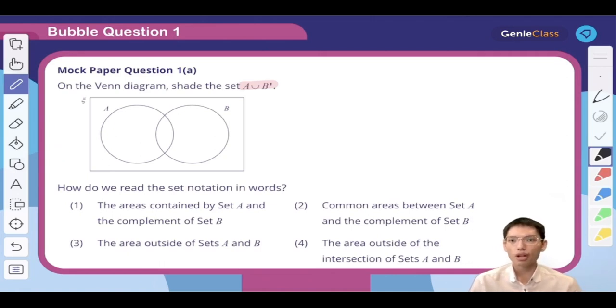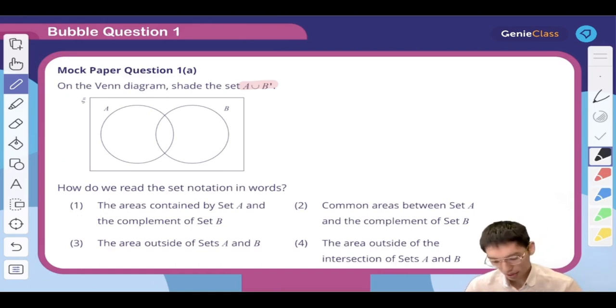What does it mean for A union B prime? So what do I mean when I say this? Going good. Last 5 seconds. 3, 2, 1. Alright, all of you attempted and all of you got it right. That's good.